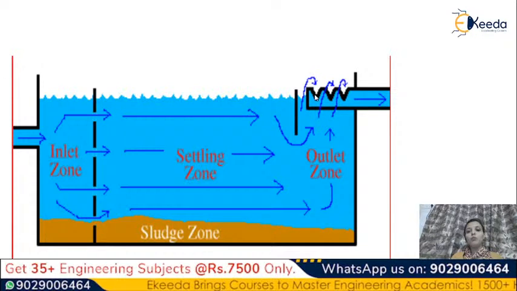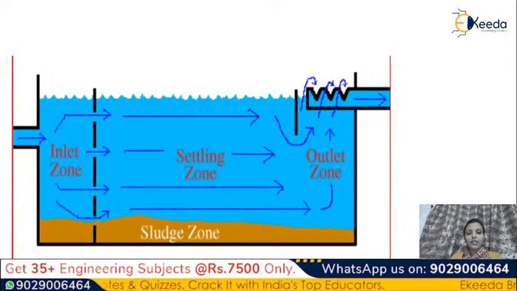Before that outlet arrangement we provide a baffle arrangement or weir, so that the remaining particles strike this plate, and by the force of gravity they settle down, and the clean water gets discharged through this outlet pipe. Later on we are also going to see the different zones in a sedimentation tank. I added this diagram so you know how its inlet and outlet arrangement looks.